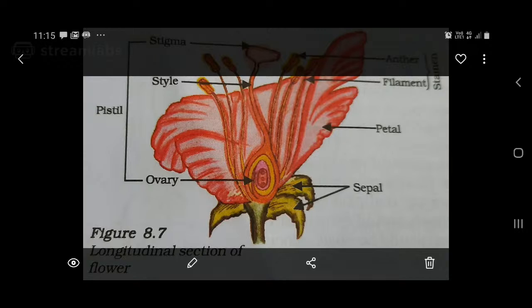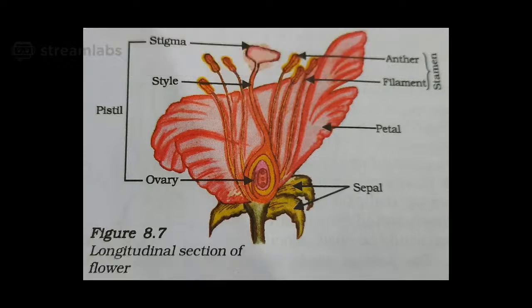Yesterday we discussed reproduction in the plants. I will just continue with that concept. Now you are seeing the image of a flower, and you can find many parts of the flower.